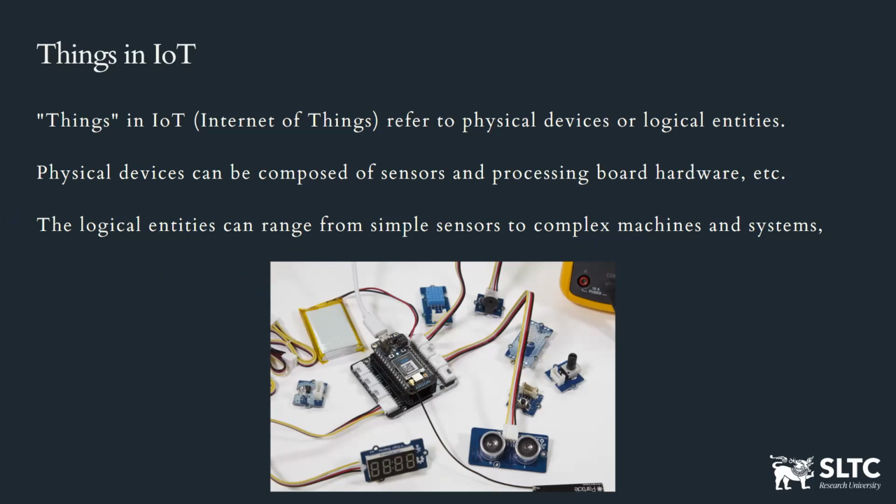If you are working in an automated industry, the robots can be moving, or the factories could be building something. That device is also considered a thing, and we can control that device using our IoT network, right?